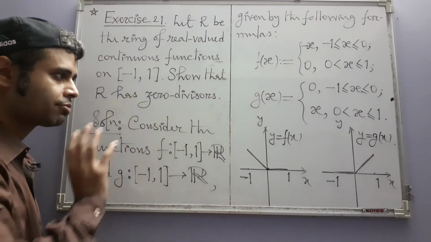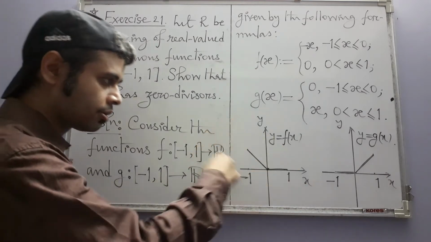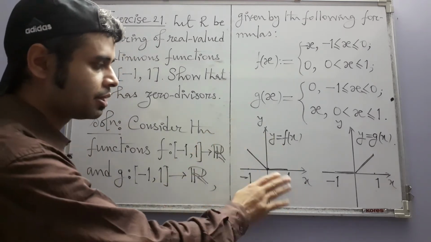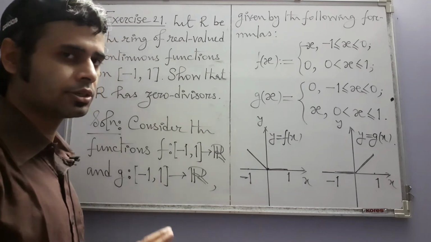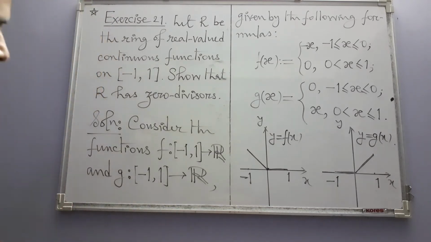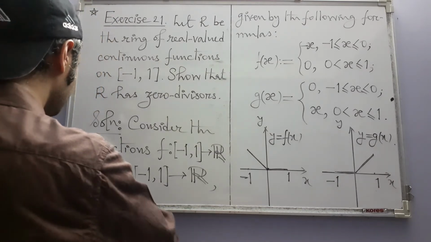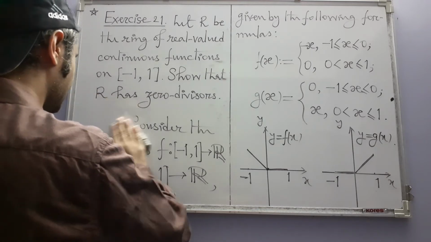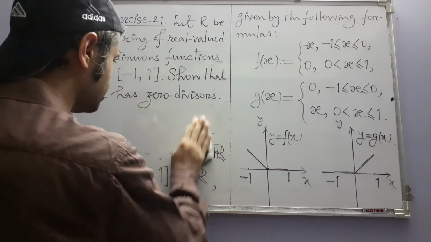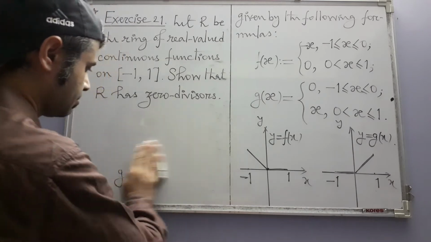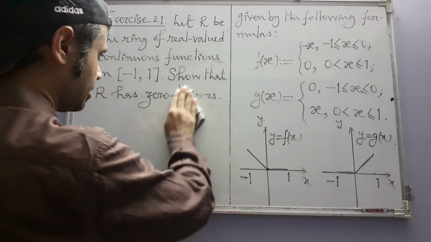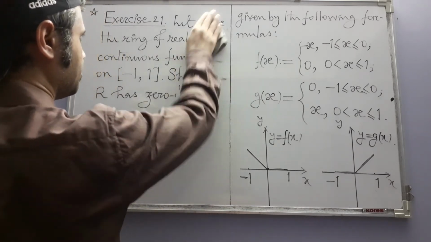Whatever you do, you have to show that. You cannot just simply draw graphs and say, okay, this is continuous. No. So once you do that, then you can say that f and g are elements in the ring R, and then you can proceed further.